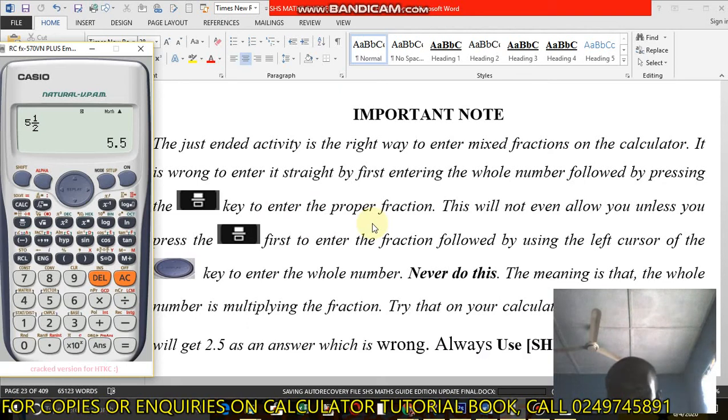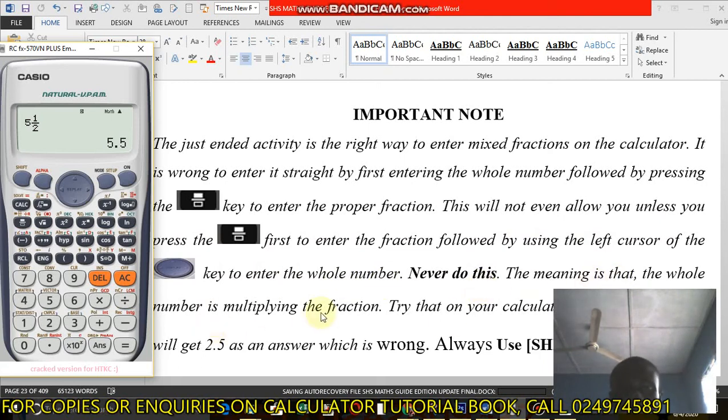It is wrong to enter it straight by first entering the whole number followed by pressing the fraction container key to enter the proper fraction. This will not even allow you unless you press the fraction key first to enter the fraction, followed by using the left cursor of the cursor control key to enter the whole number.